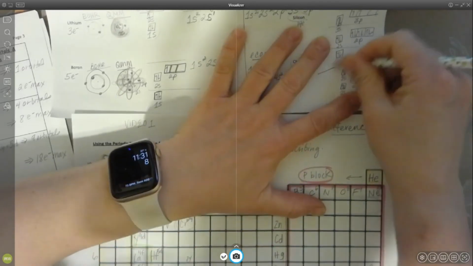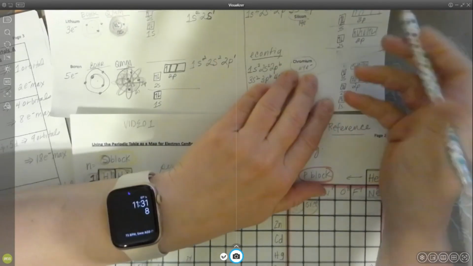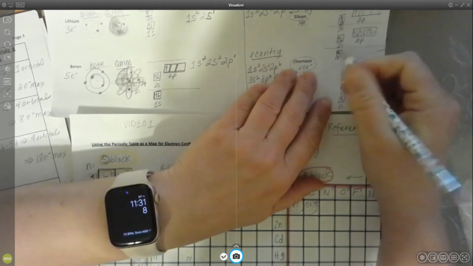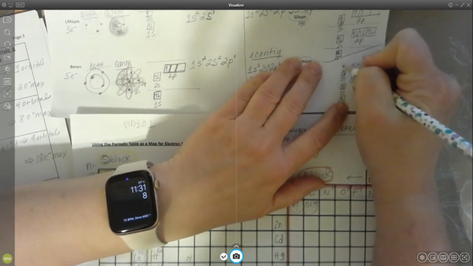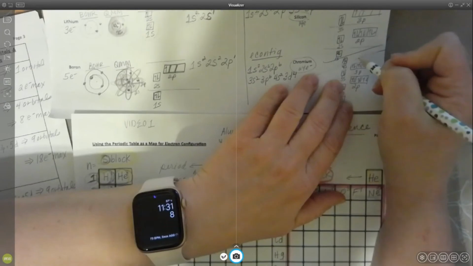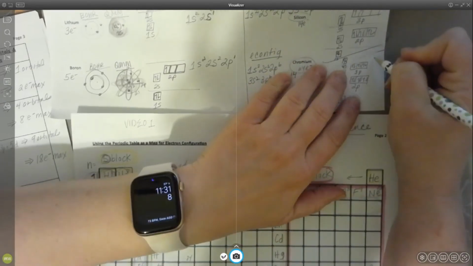Isn't this funny? On my notes, I had plenty of room, because I'm live on my camera. I ran out of space. It's Murphy's Law. All right, there's 4s. Now 3d goes all the way over here.